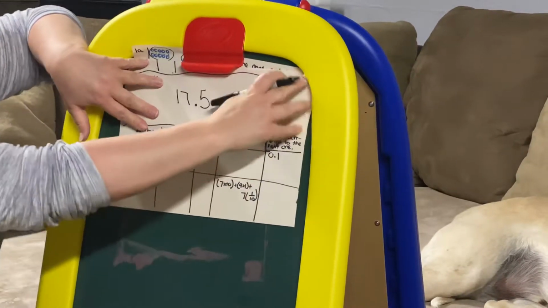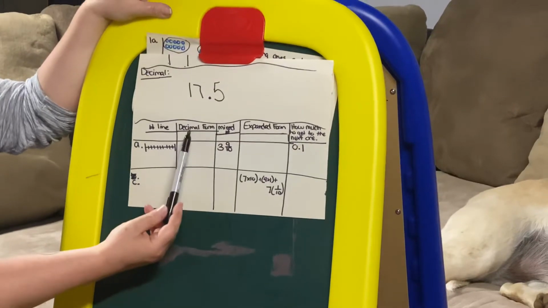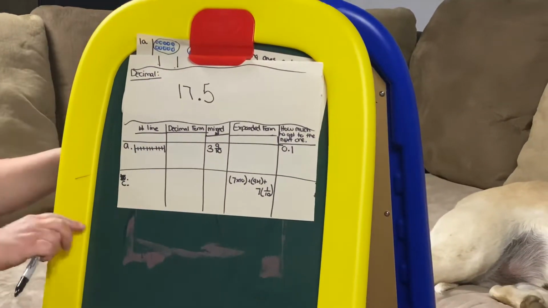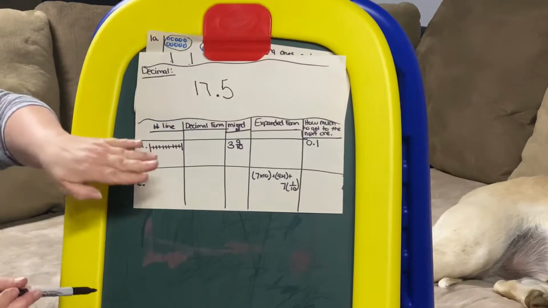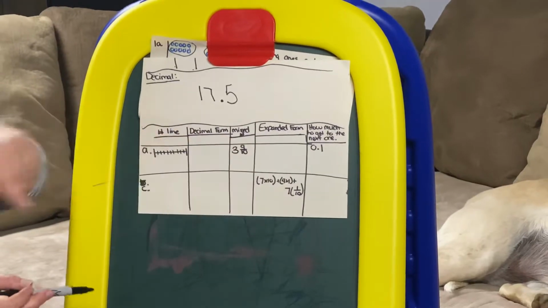Now, this chart gives us a number line, a decimal form, a mixed number, expanded form, and how much more to get to the next one. And they don't give us the same thing for each one. We have to kind of figure this out.